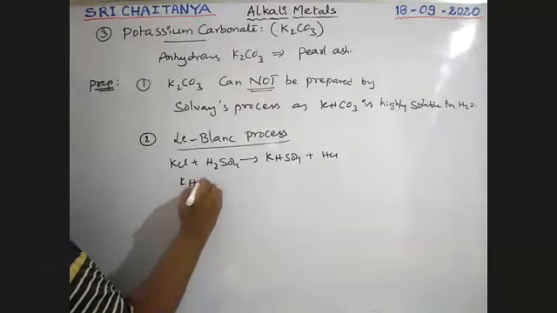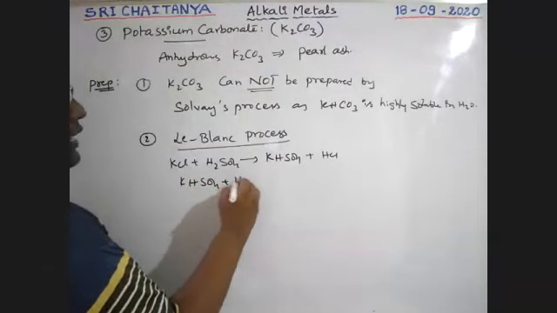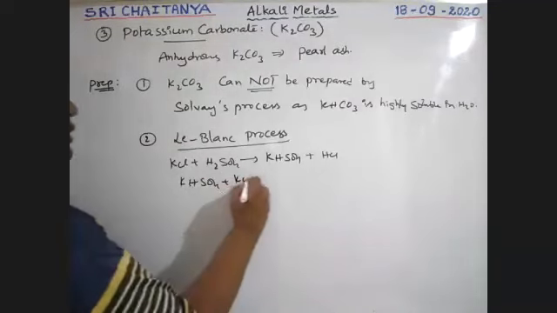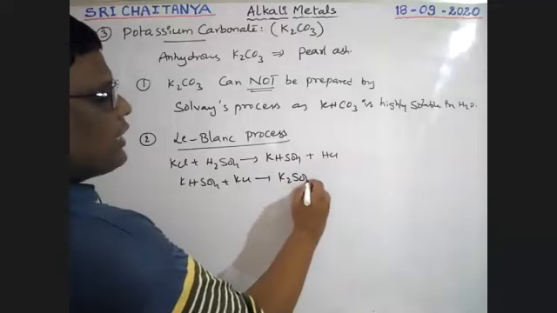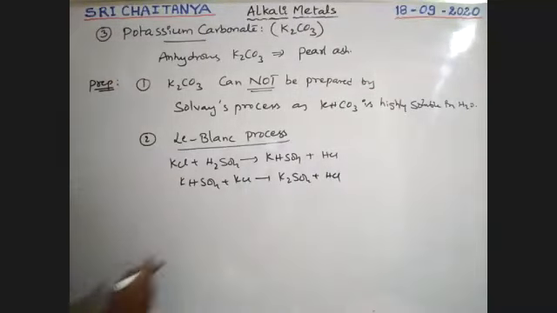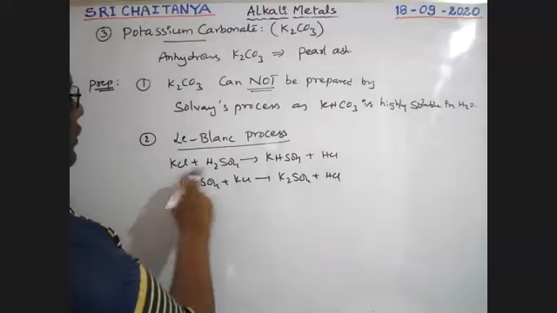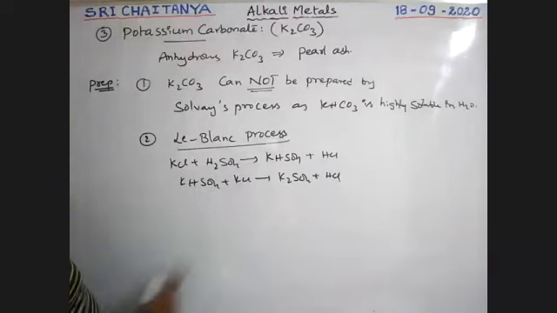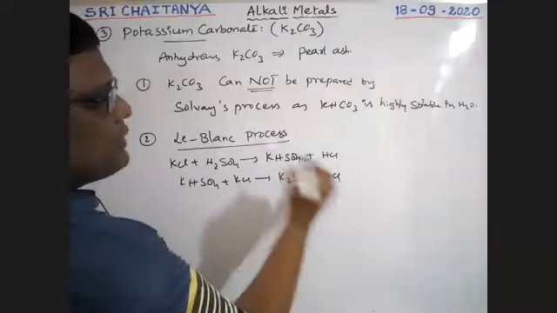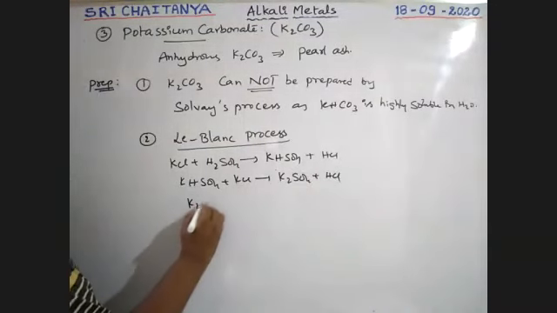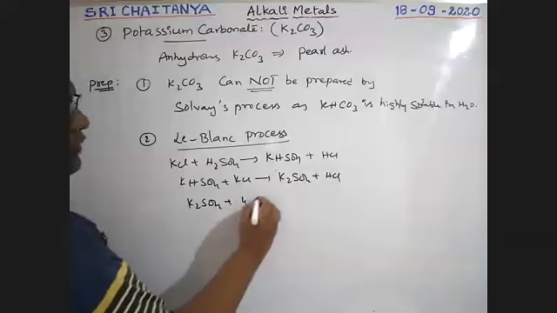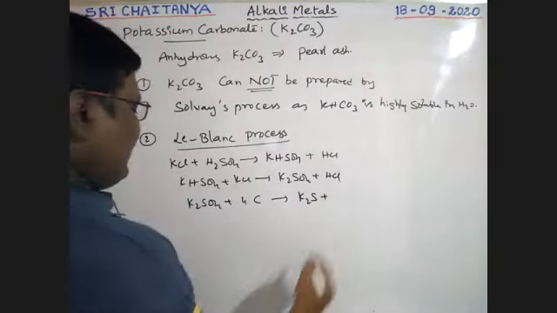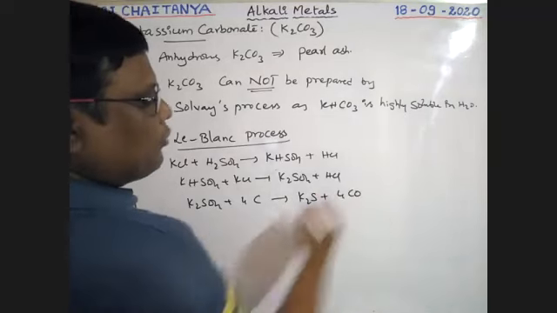The KHSO4 formed reacts once again with KCl to give K2SO4 plus HCl. That K2SO4 reacts with coke to give K2S plus 4 carbon monoxide.